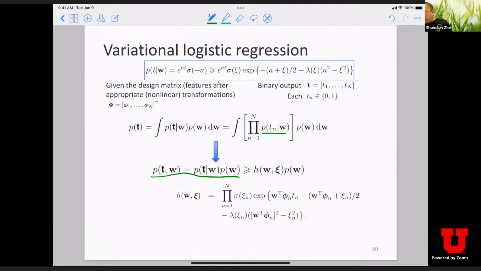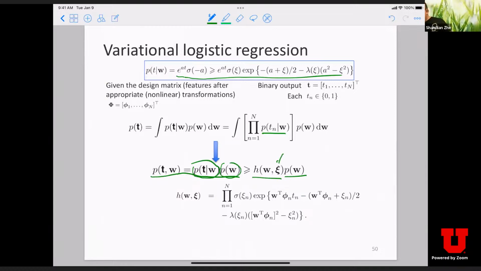So our joint probability is the Gaussian prior over W, and the likelihood of every data point given W. And the likelihood of every data point is lower bounded by this guy. So then we get a lower bound of the joint probability, which is P of W times this h(W, Csi).